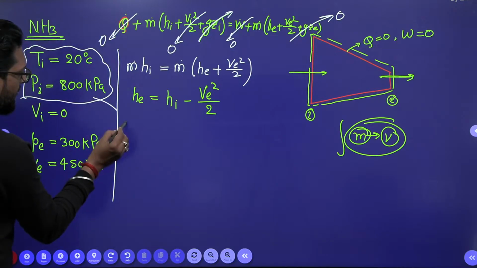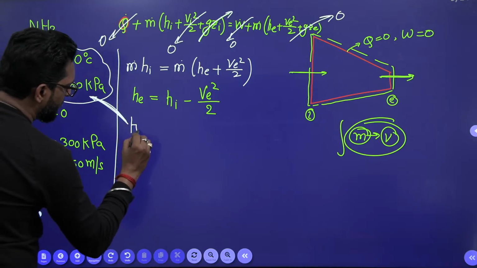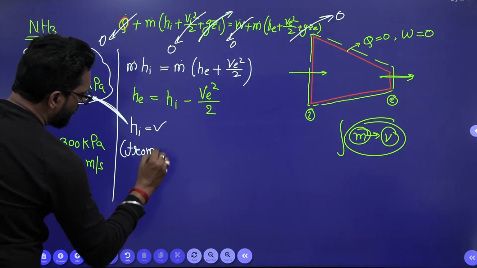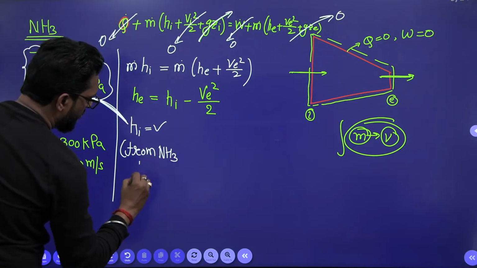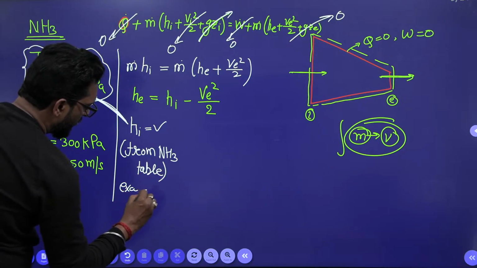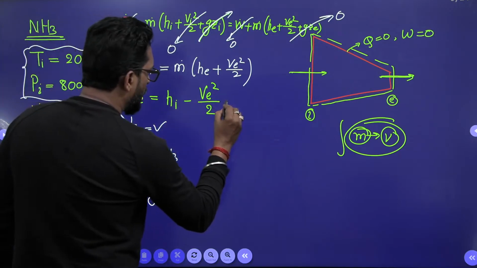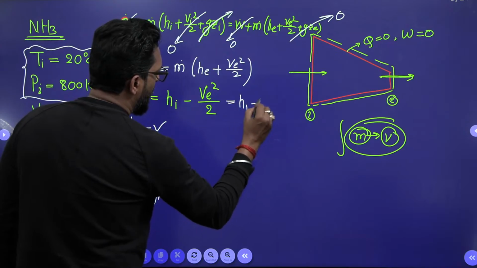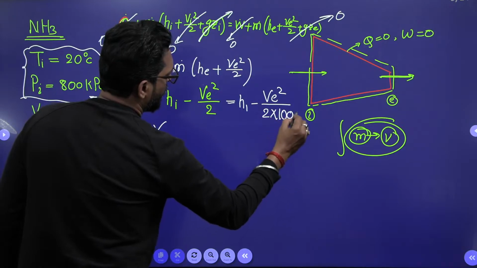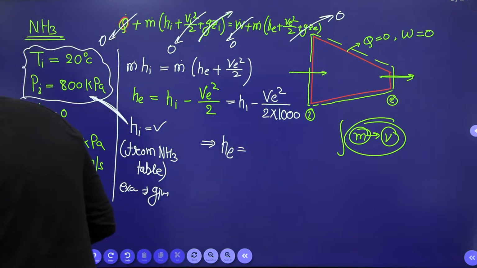According to that temperature and pressure, we have to find Hi from the ammonia NH3 table, or in the exam it is given. So you have Hi and you have the velocity. If you calculate this, Hi minus Ve square by 2 into 1000 is there, otherwise you will make a mistake. So what is the exit enthalpy? The exit enthalpy you just have to calculate.